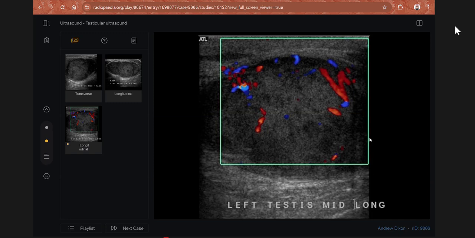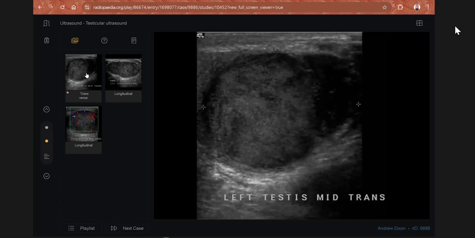I am not able to visualize any underlying well-defined hypoechoic mass, so testicular CA will be a lesser differential. Here I can see the epididymis as well as the testis, in which I can see again the redemonstration of the heterogeneous echogenicity.